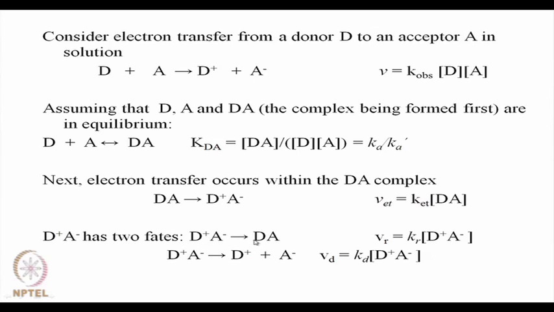One is back electron transfer or reverse electron transfer, and the other option is the dissociation of this D plus A minus. The moment the electron is transferred from donor to acceptor, they become charged, one becomes plus, another becomes minus.